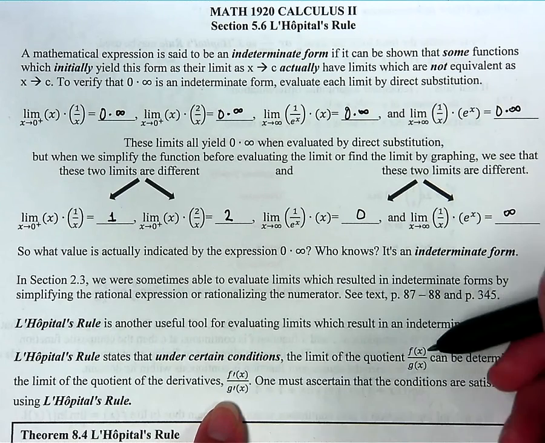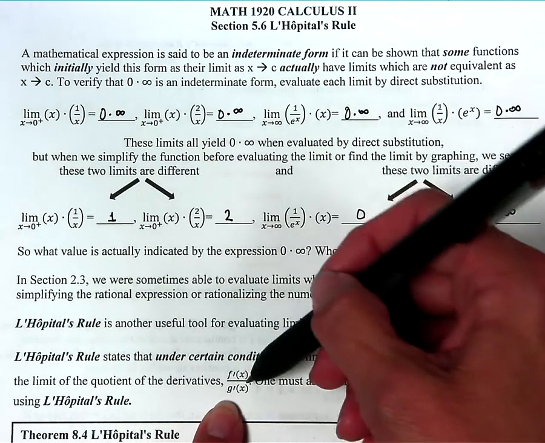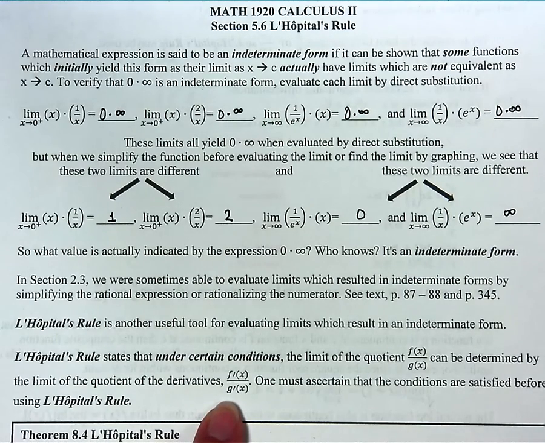So we have some f of x over g of x. We can't find its limit, so we're going to find the limit of the derivative of the numerator over the derivative of the denominator. That's L'Hopital's rule.